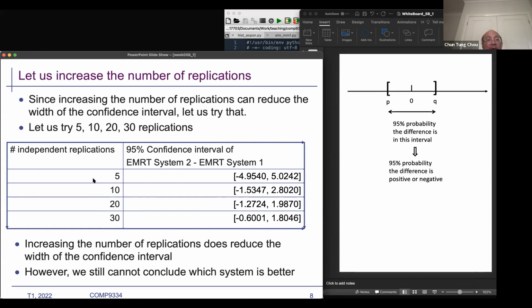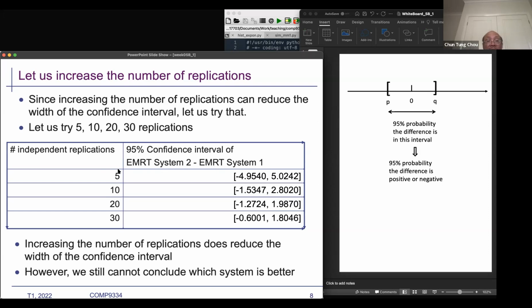Now, in this table, the column shows independent replications, and we have 5. In this column, I'm going to compute the 95% confidence interval of the estimated mean response time of system 2 minus that of system 1.